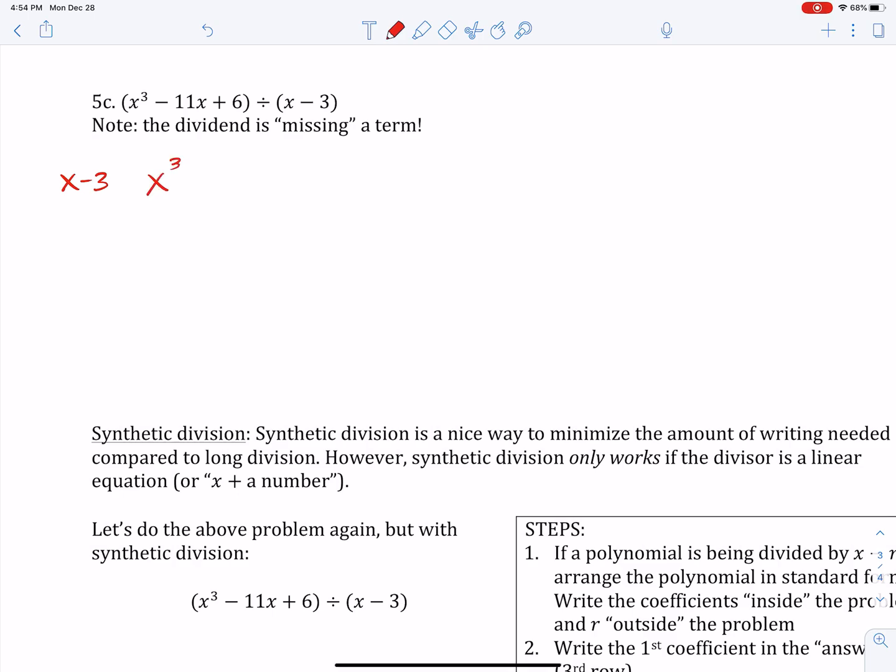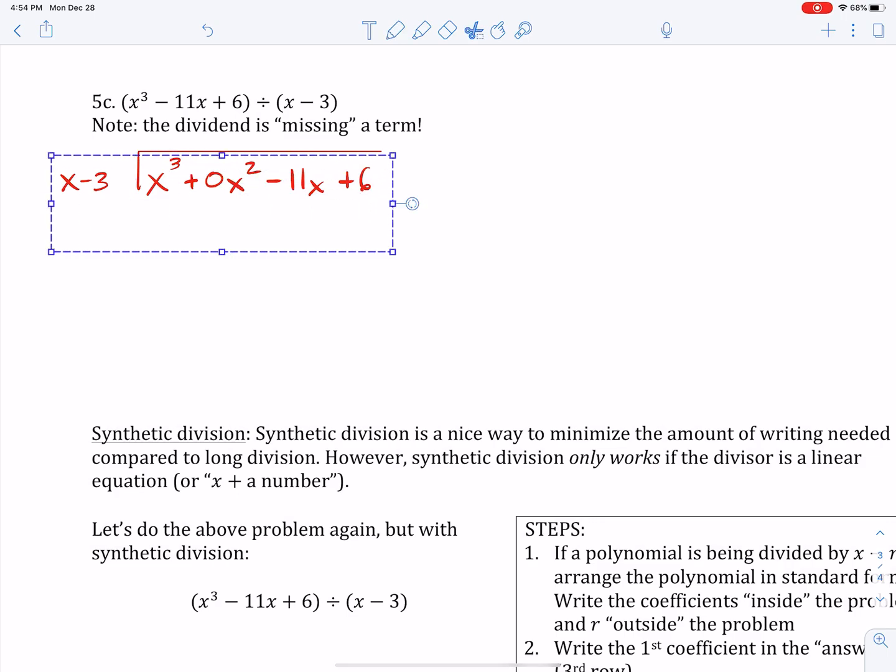Notice then it goes into negative 11x. But what I need to add in is plus 0x squared minus 11x plus 6. Okay. And now we can work with our problem.